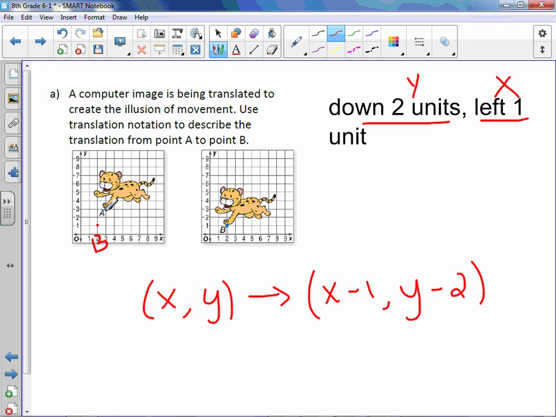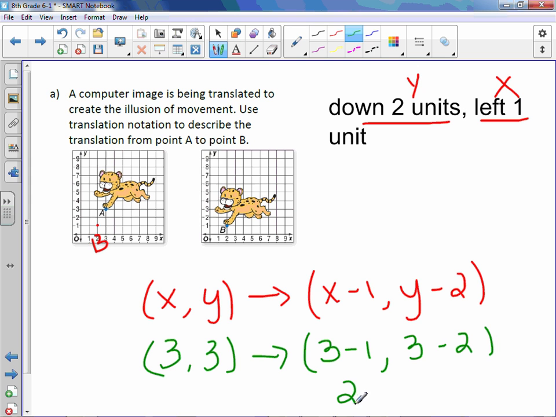So for example, I had the coordinate 3, 3. And to find the new one, I would take my x-coordinate and minus 1 and my y-coordinate and minus 2, which would give me 2, 1, which is point B. This point is 2, 1.